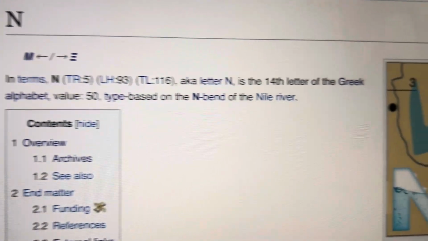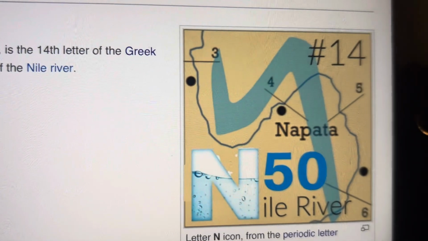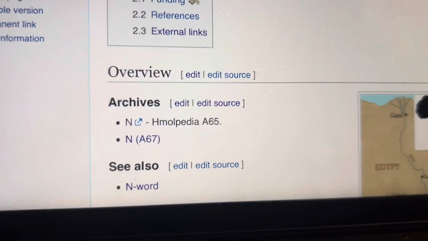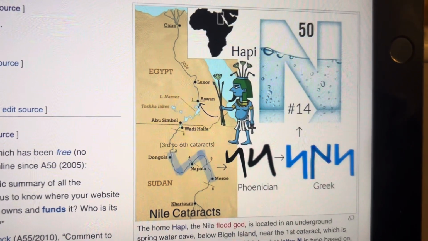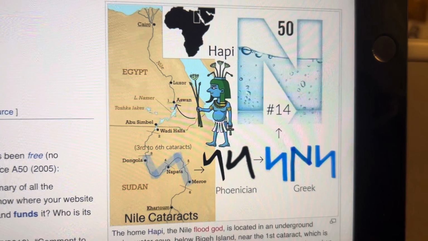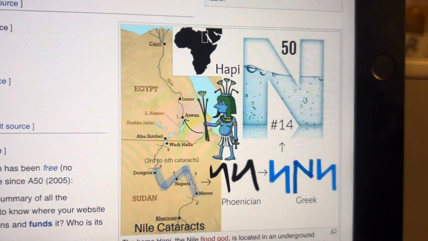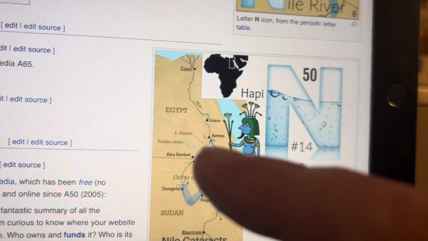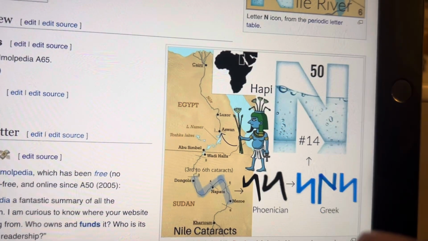Letter N is the N bend of the Nile, from cataracts 3 to 6. You also see Hapi is the flood god, whose cave is at the first cataract underground.